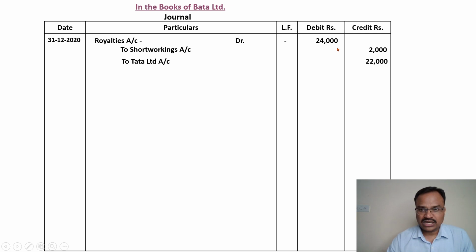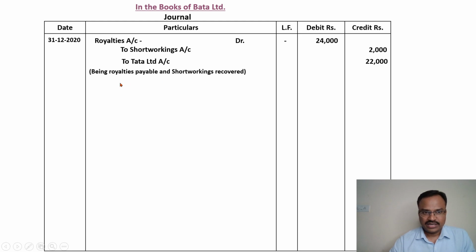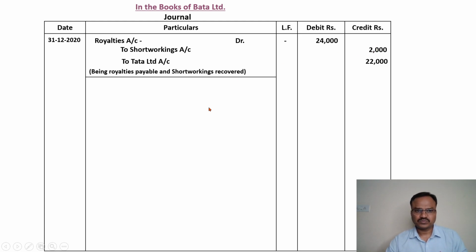Out of 24,000 we have recovered the short workings of 2,000, and now only 22,000 is payable to landlord. And here the narration is being royalties payable and short workings recovered, because in this year we have recovered the short workings of rupees 2,000. Okay, so this is the entry for 2020, right?